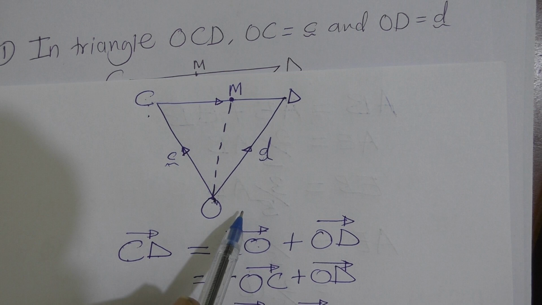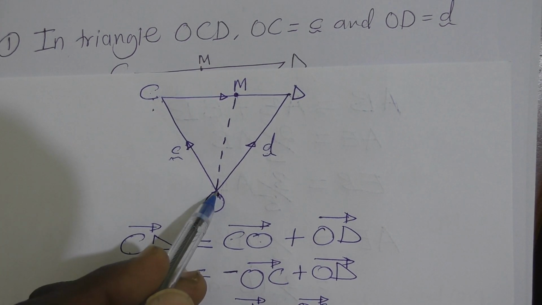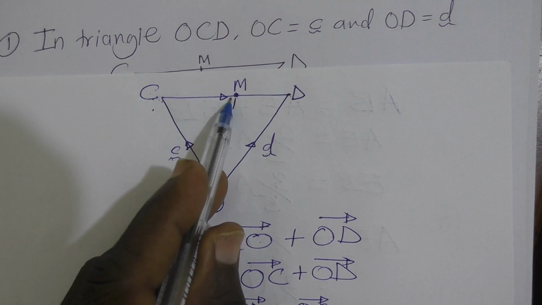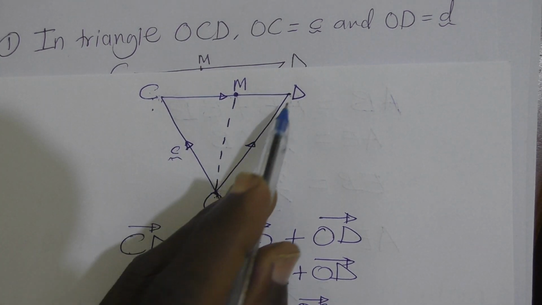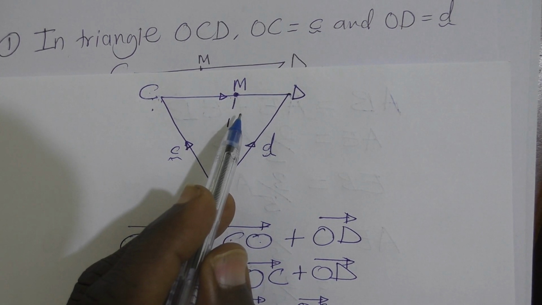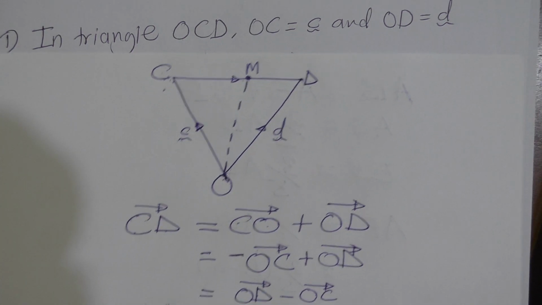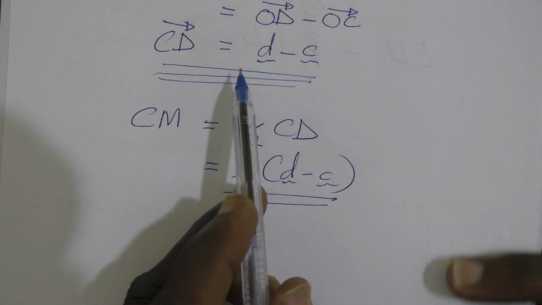We have two routes. We can take the route OC plus CM, or OD plus DM. But since the question is specific, they are telling us to use the answers of A and B. The answers of A and B are here.